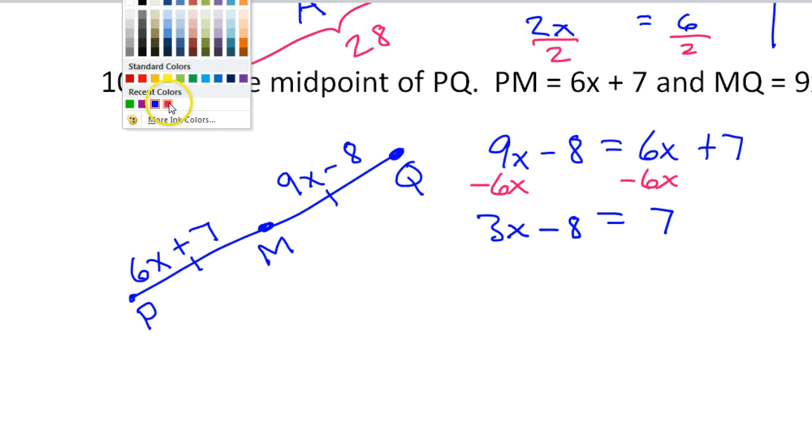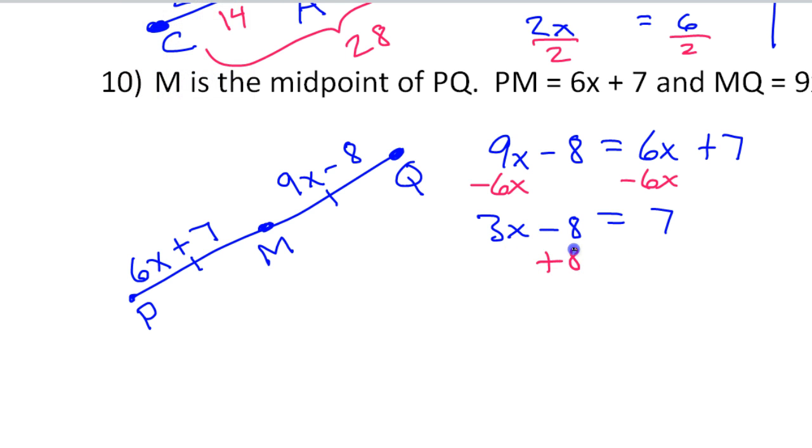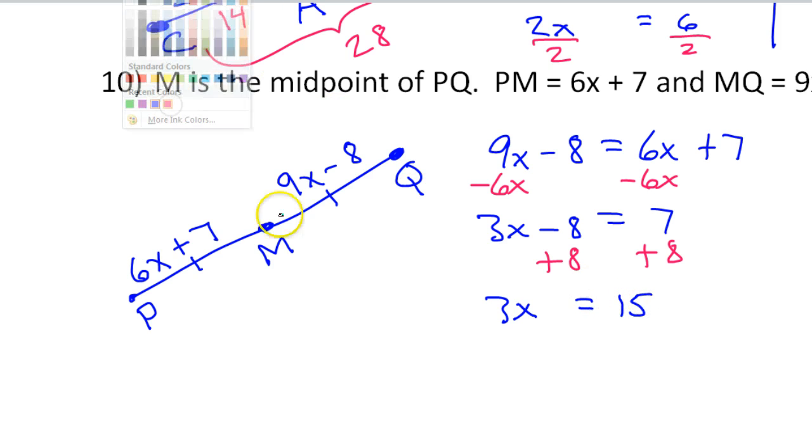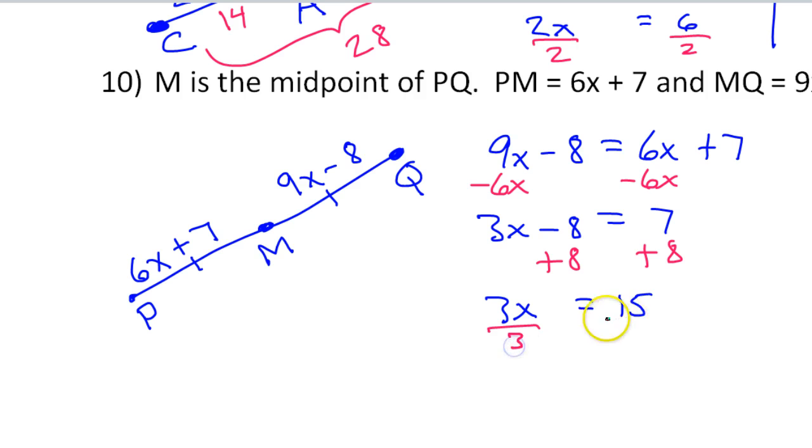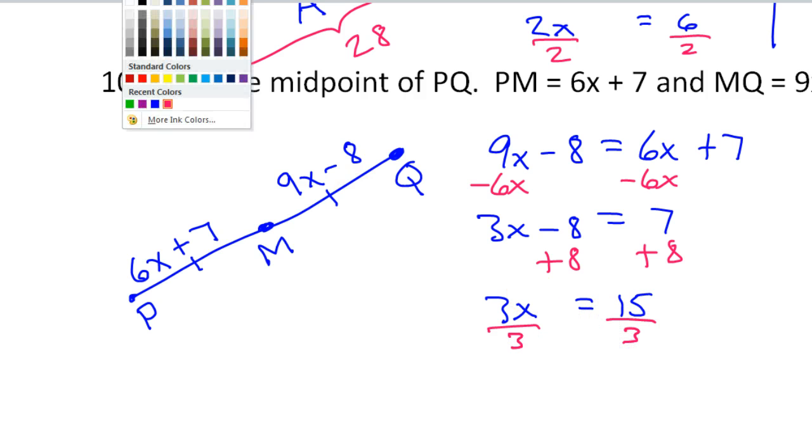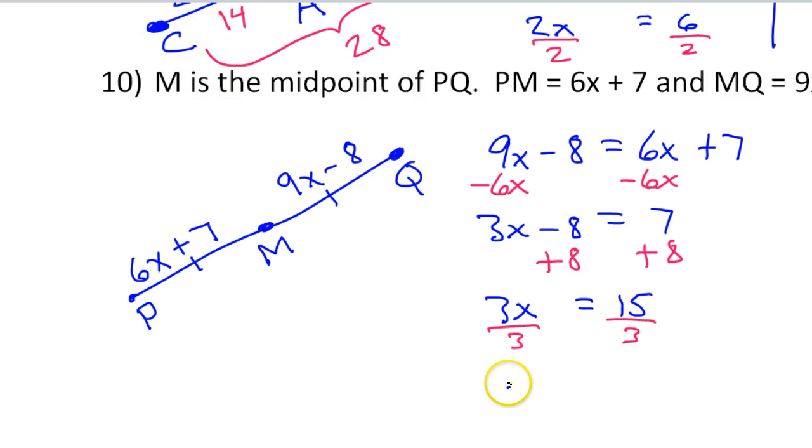Now let's add 8 to both sides. And that's going to give us 3x is equal to 15. And then let's divide both sides by 3. So that's going to give us x is equal to 5.